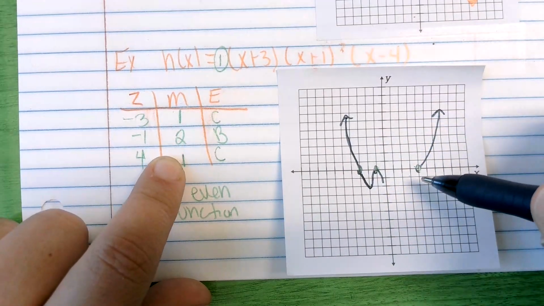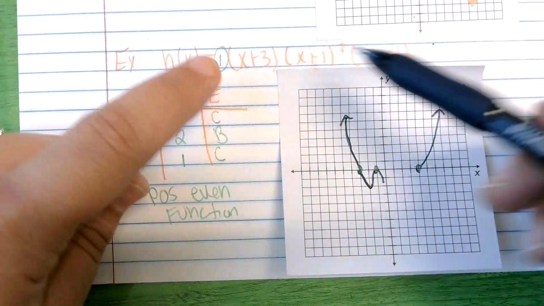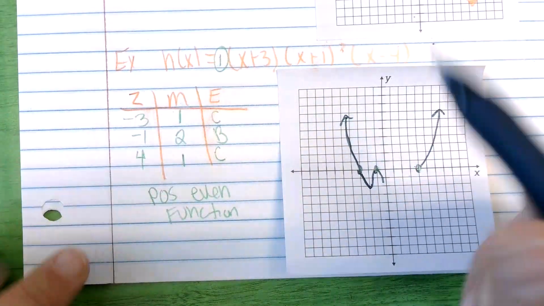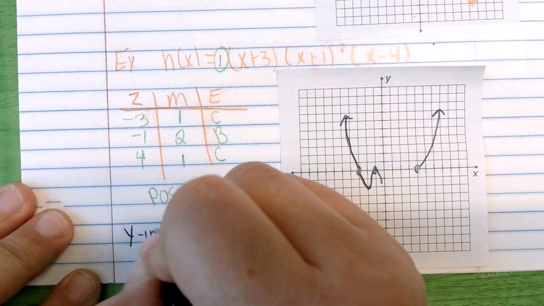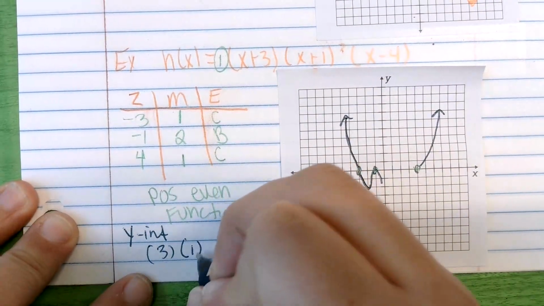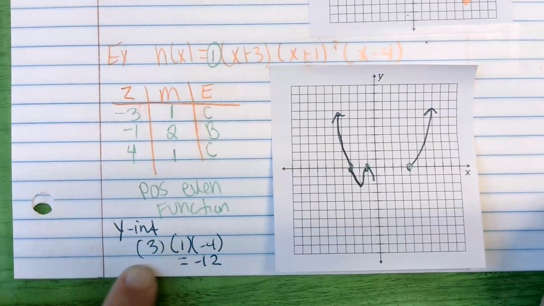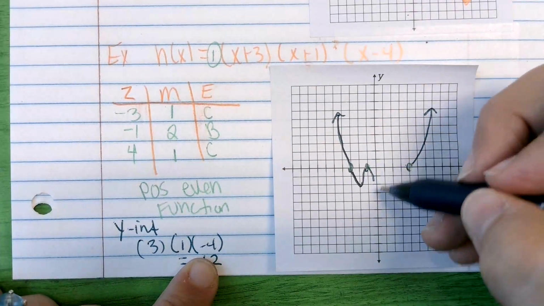And then I'm going to cross through the y-axis somewhere. You can figure that out by plugging in 0 for all of these x's. So when I do that, that gives me 3 times 1 times -4, which is -12. So this is going to cross all the way down at -12.